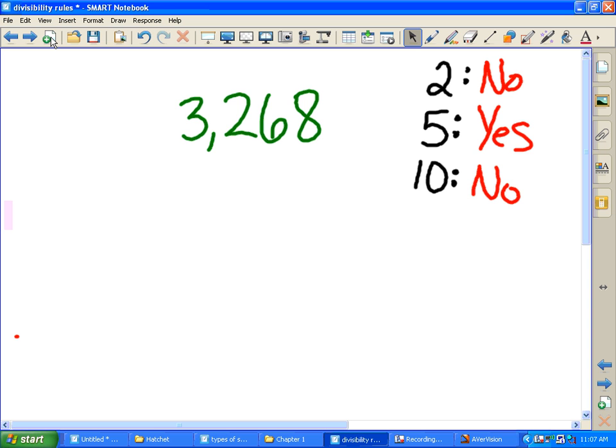Andrew, is this number divisible by 5? Why? Because they're both different numbers. What does that mean?